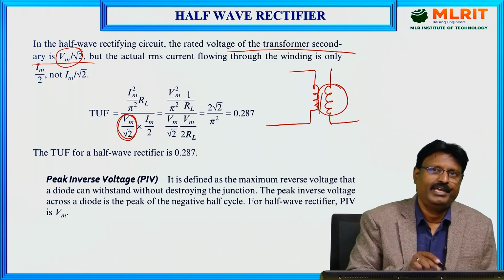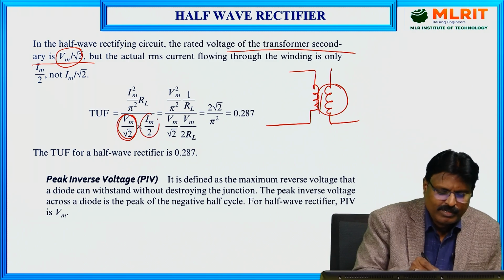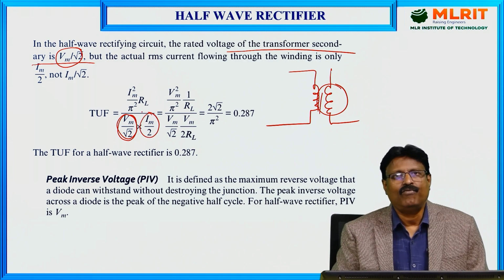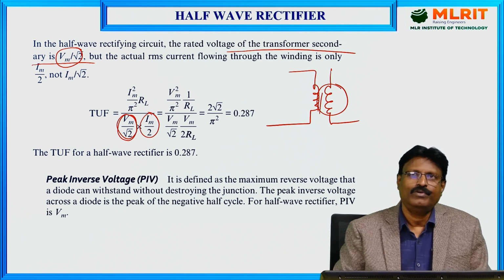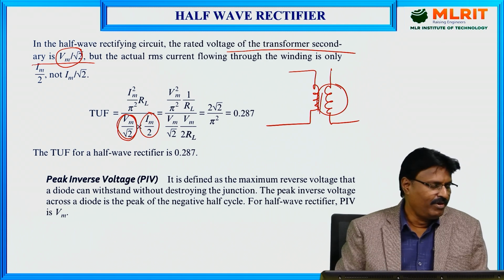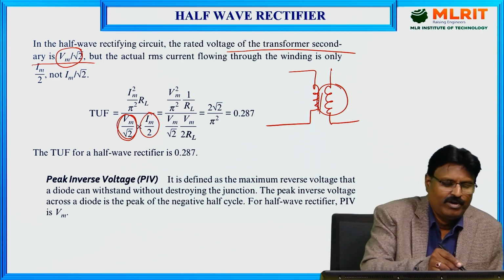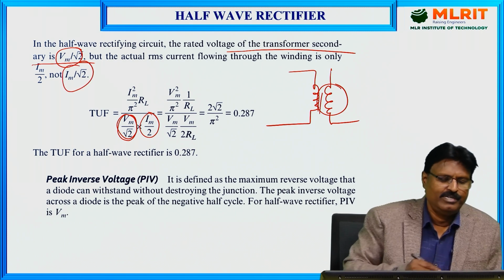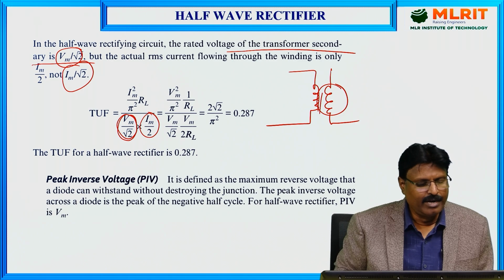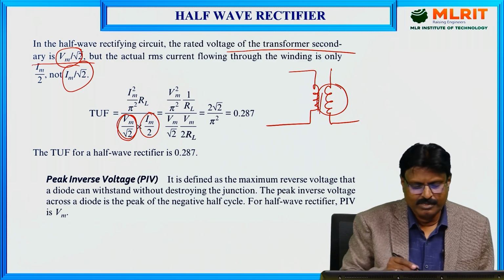And what about the RMS value of current? That depends upon the type of rectifier. For our half-wave rectifier, what is the value of IRMS we got in our primary calculation? We got the IRMS value as Im by 2.